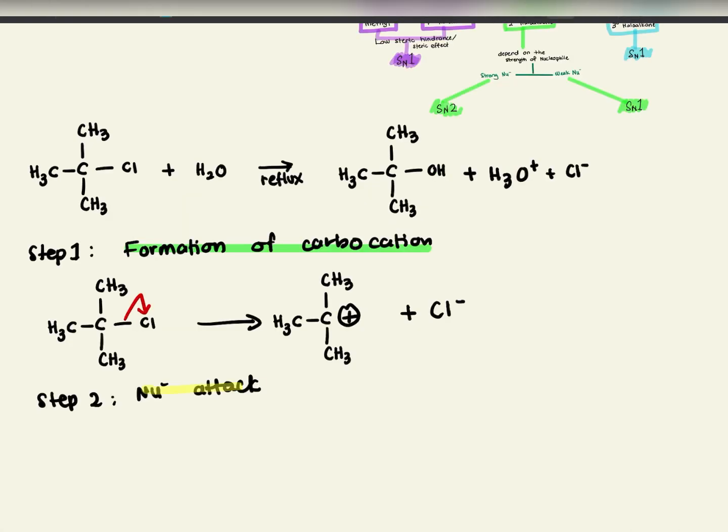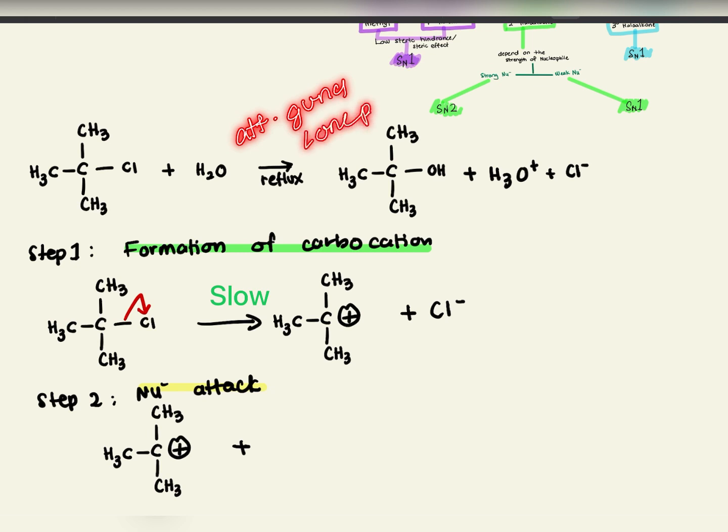Okay, untuk step 2 lain sikit. Nucleophilic attack masih nucleophilic attack, tapi in this case kita tak directly react nucleophile dengan carbocation. So nucleophile yang kamu guna dekat sini adalah weak nucleophile. So tulis dulu your haloalkane, carbocation react dengan your weak nucleophile H2O. So dia akan attack guna lone pair of electron pada oksigen tu.